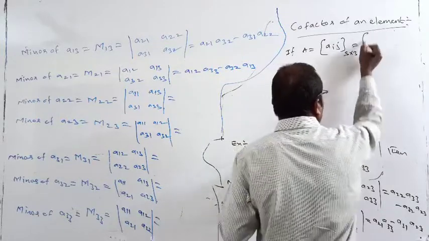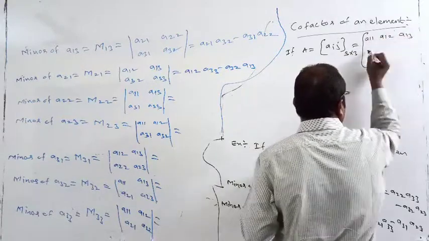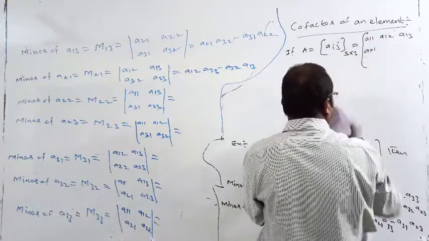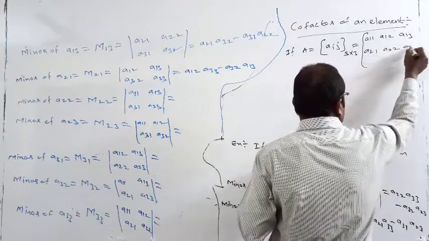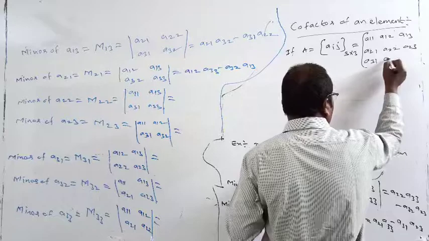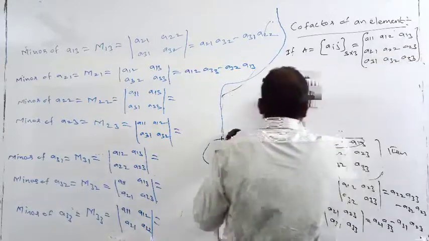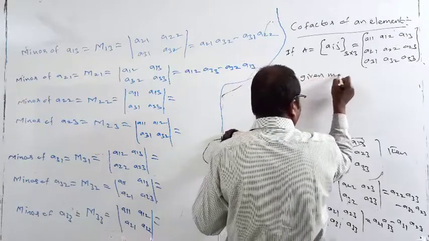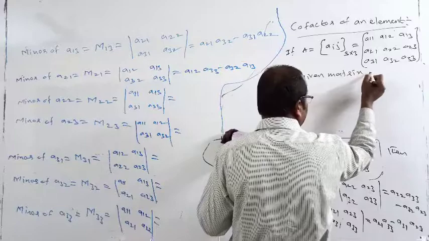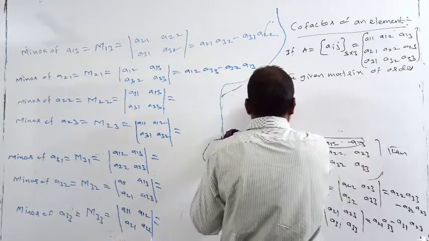3 by 3, it can also be written as A11, A12, A13, A21, A22, A23, A31, A32, A33 is the given matrix of order 3 by 3.